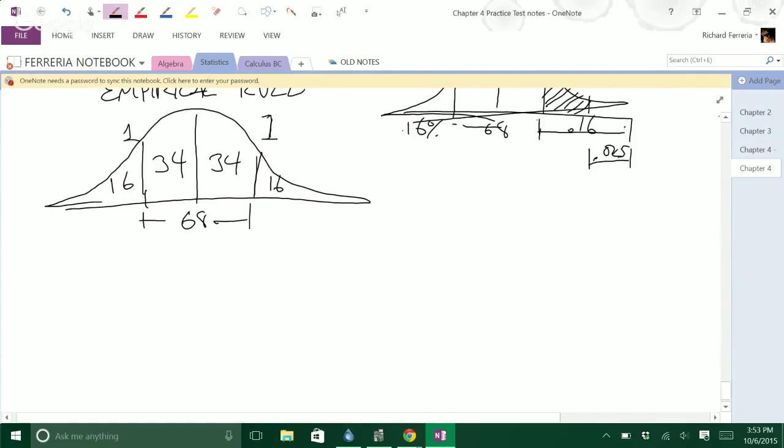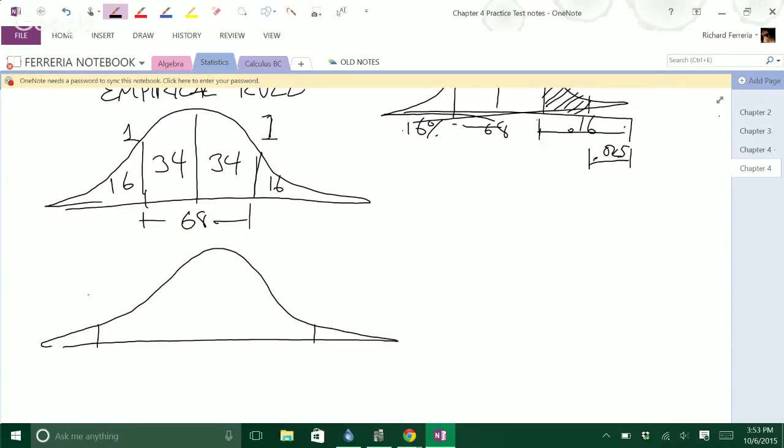The empirical rule also tells us that between 2 standard deviations we have 95. 95 divided by 2 is what? 47.5.